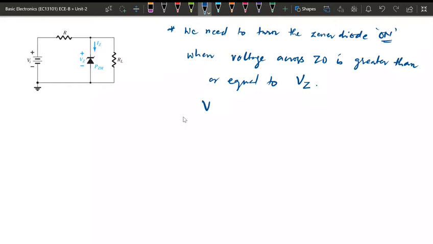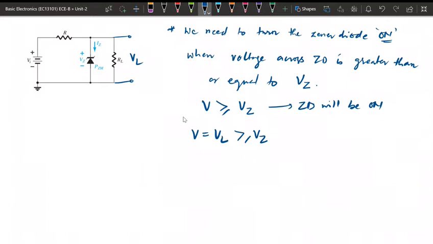This voltage is nothing but the voltage across this resistor, or we can call it VL, the voltage across the load. So VL must be greater than or equal to Vz, and only then will this Zener diode be on. We need to maintain this condition to make the Zener diode on.